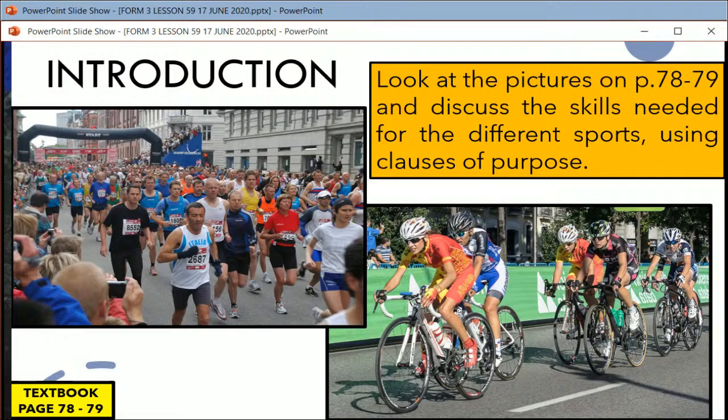Nushin, you need to write it using a clause of purpose, like how Cheryl has done. She has done that, very good. Because this is a writing lesson, you can write down your sentences.